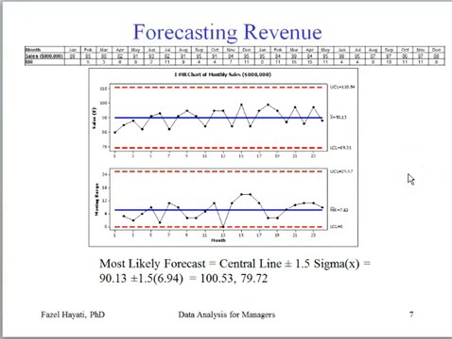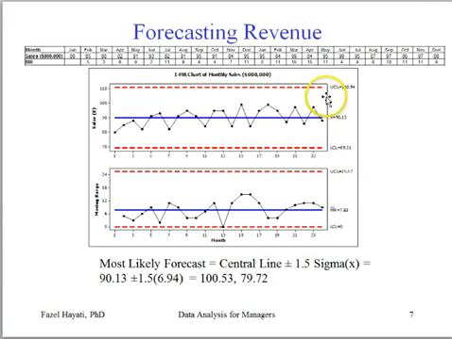An extension of using control charts is forecasting. We have already observed this for revenue data, and stated that we can use the upper and lower control limits, the boundaries of the variation, as the boundaries of prediction into the near future. However, we may be able to produce a most likely forecast.